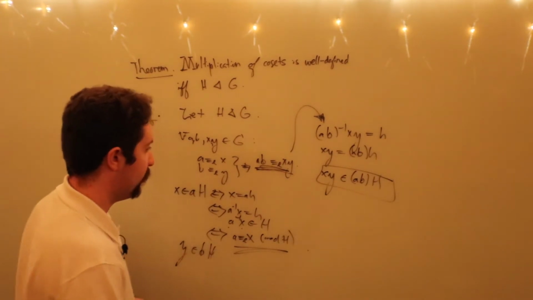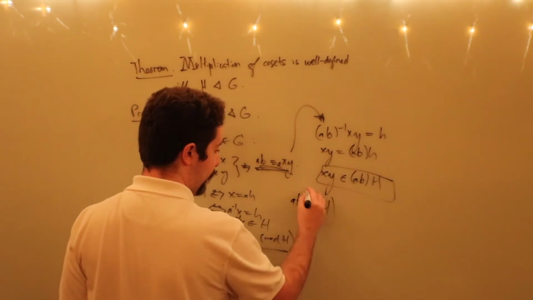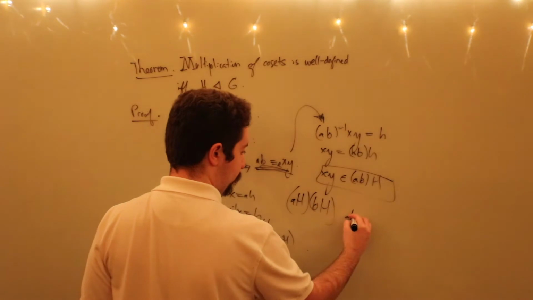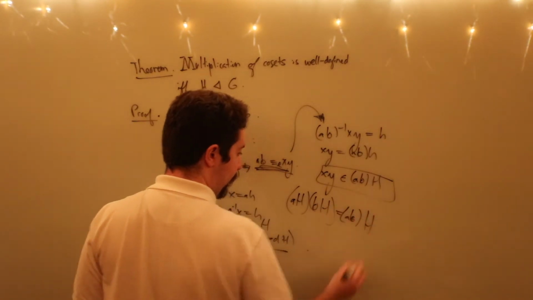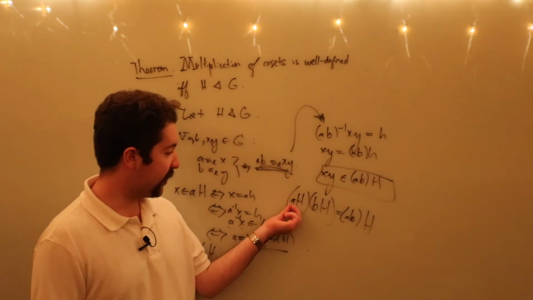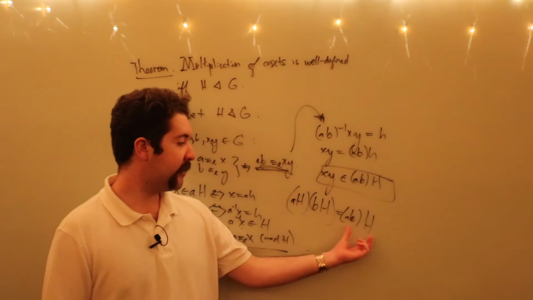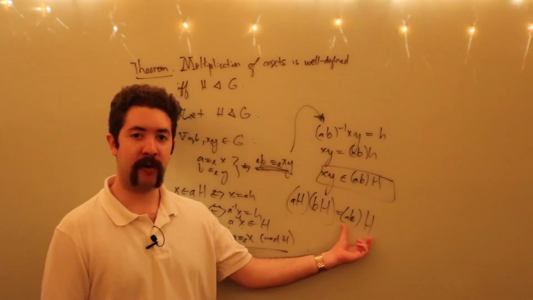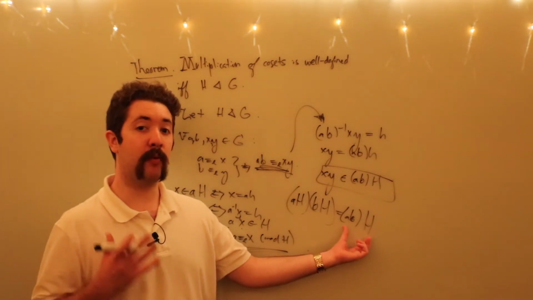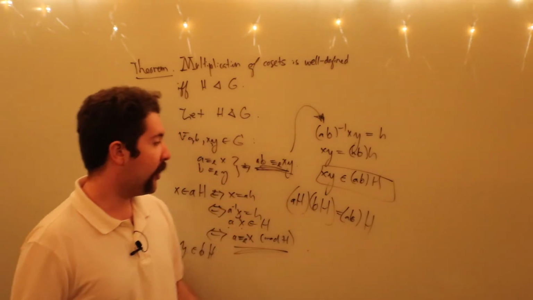If we have AH and BH and we're multiplying them together to get little a b times h, what we don't want is to change this element A to another element that gives you the same coset, but then this coset changes, right? Our multiplication is not going to be well defined in that manner. So in order for it to be well defined, we need this.